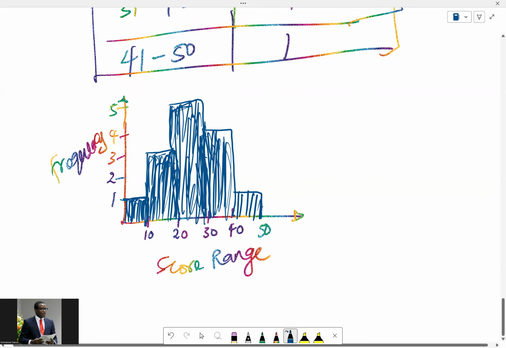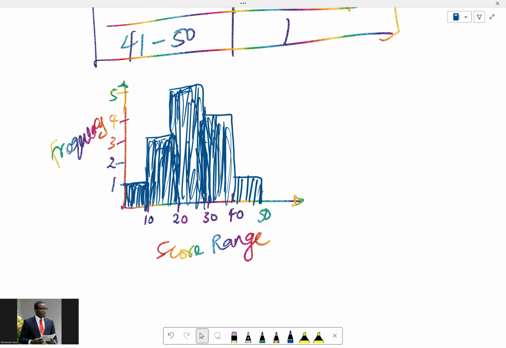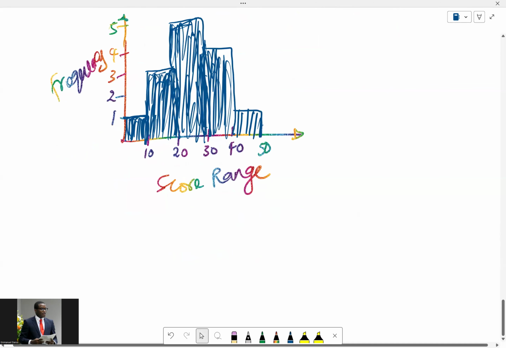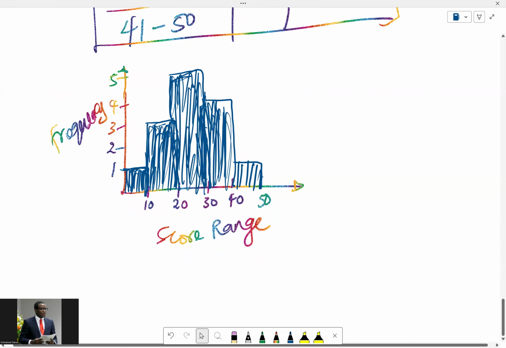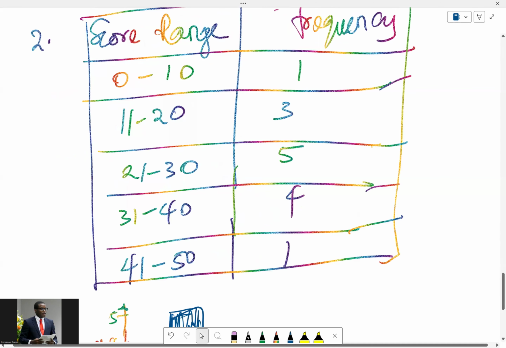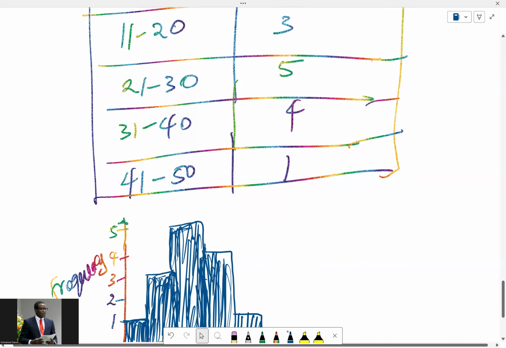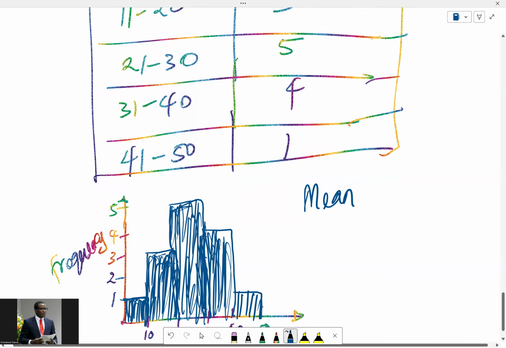So you can see there's a bit of symmetricity, but then the mean of the distribution is less than the median. Still, of course, we can do the more practical thing, compute the mean. Find the mean, find the median.